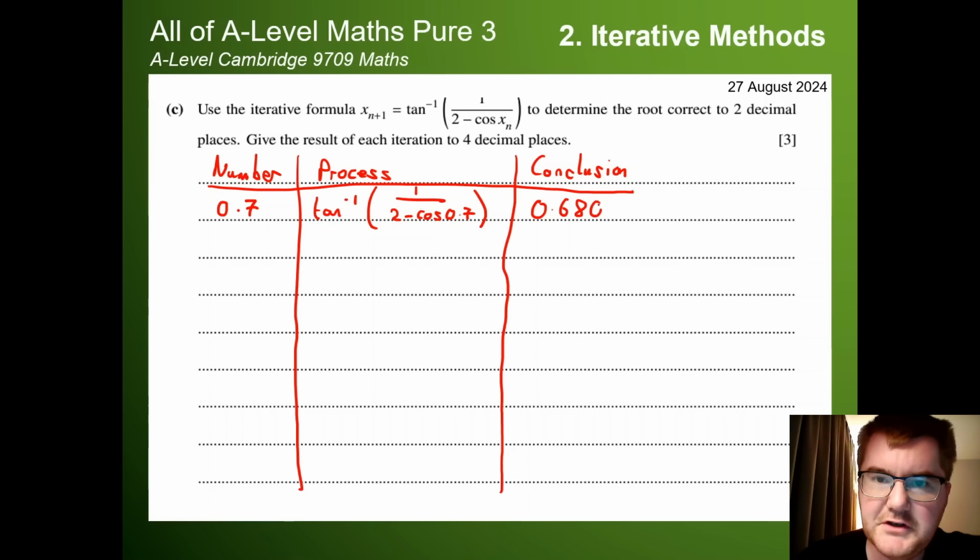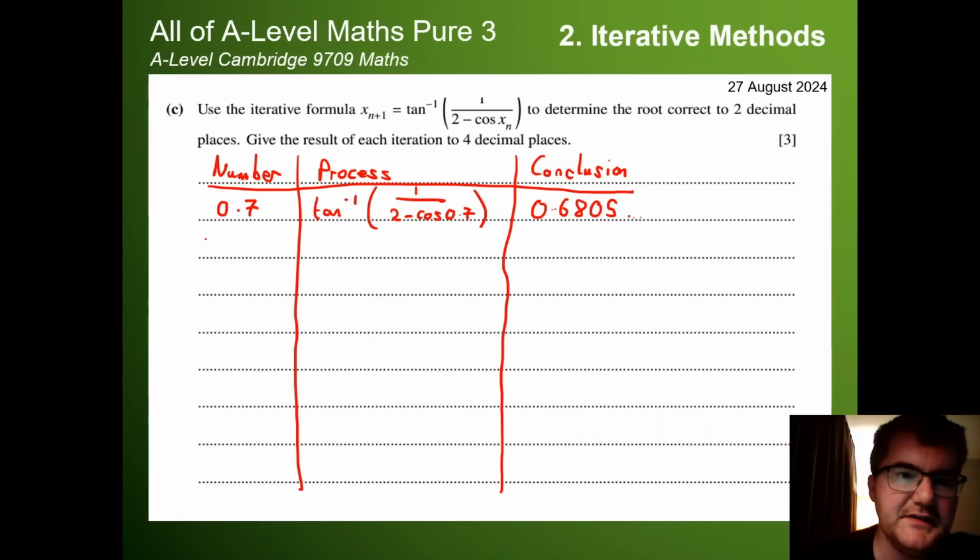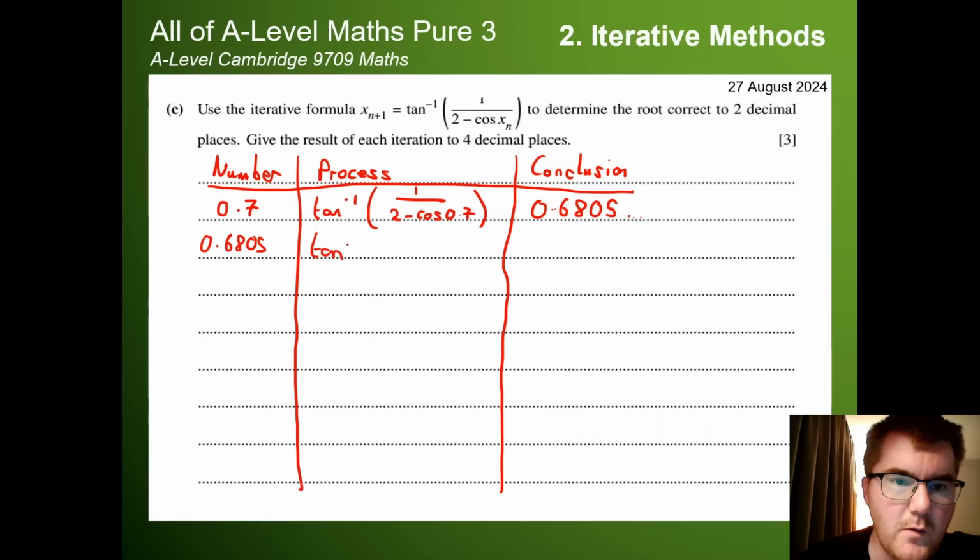Result of each iteration in 4 decimal places. Okay, so that's our next one. And then we can use this, so 0.6805, we have the same working here, minus cosine 0.6805.